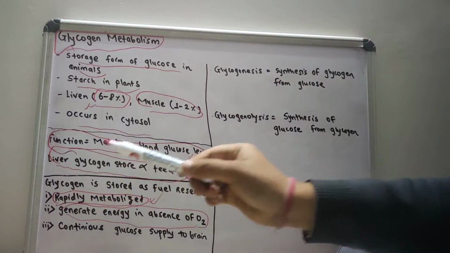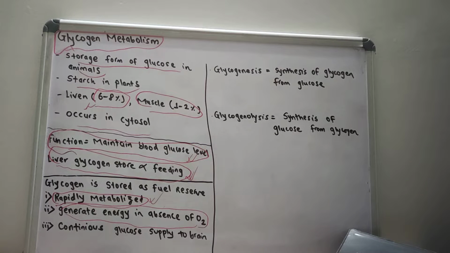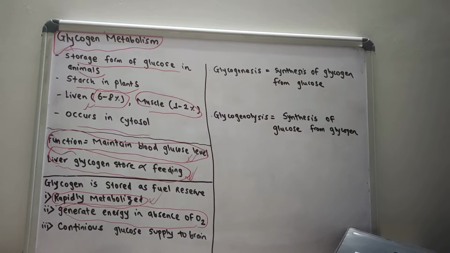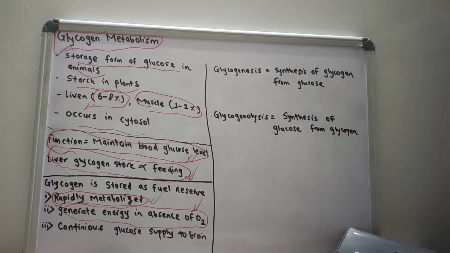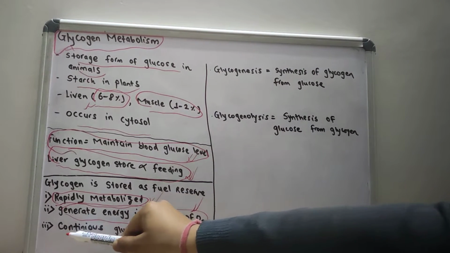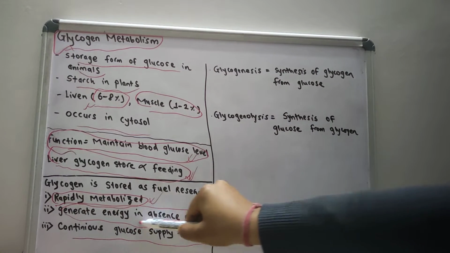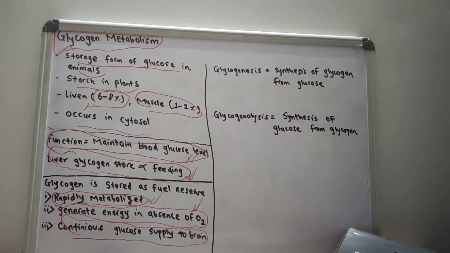So in the absence of oxygen, fat cannot generate energy, whereas glycogen can. And the continuous glucose supply in the brain comes from glycogen. So these are the main points of importance of glycogen that you should know.